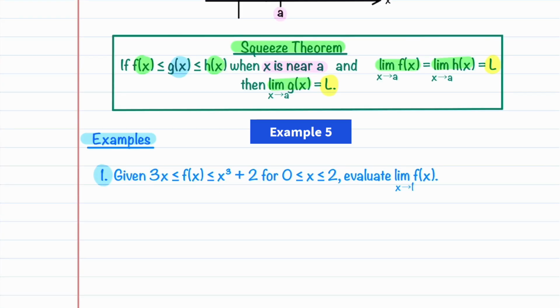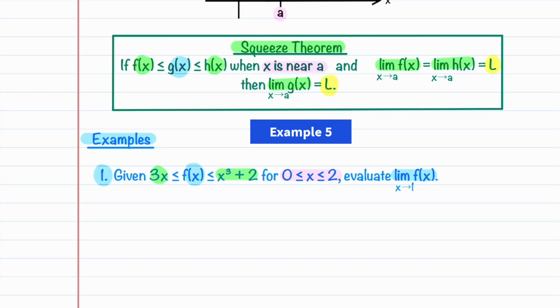In our first example, we are given that f of x lies between 3x and x cubed plus 2 when x is between 0 and 2, and we want to evaluate the limit of f of x as x goes to 1.